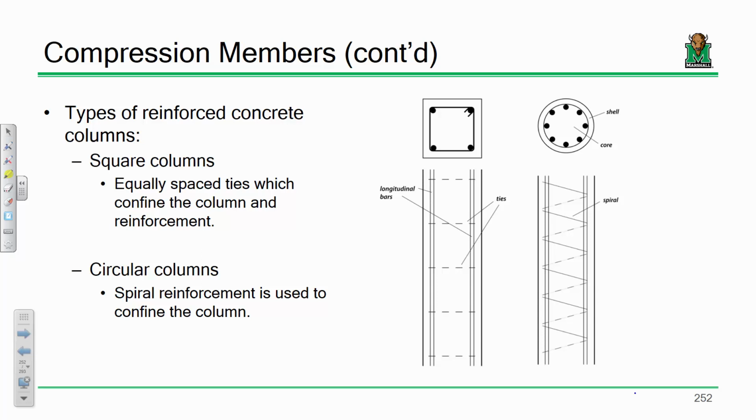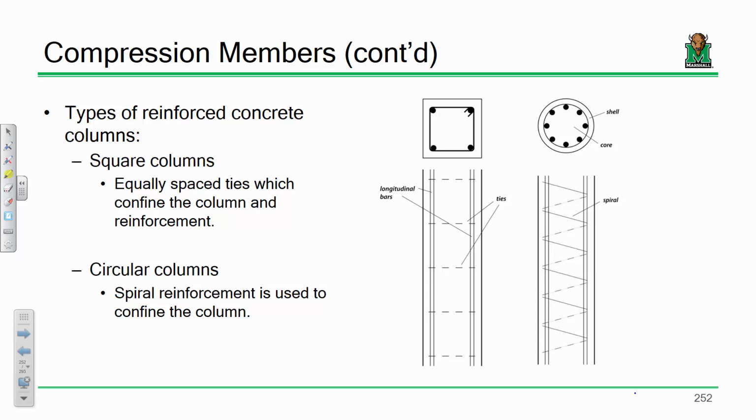So before we get into the math, I'd like to discuss the two types of columns that we primarily use in reinforced concrete structures, and that's a square column and a circular column. Although I actually don't really care so much about the shape of the column. I mean, it obviously matters from a capacity standpoint, but the shape of the column is not really what dictates the behavior of the column.